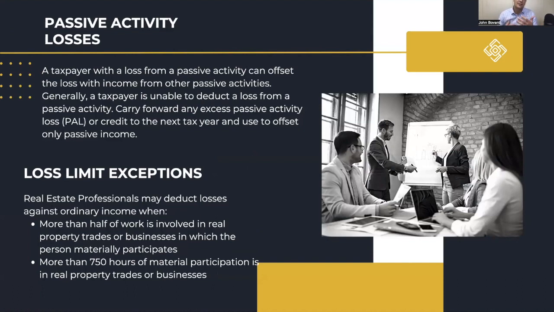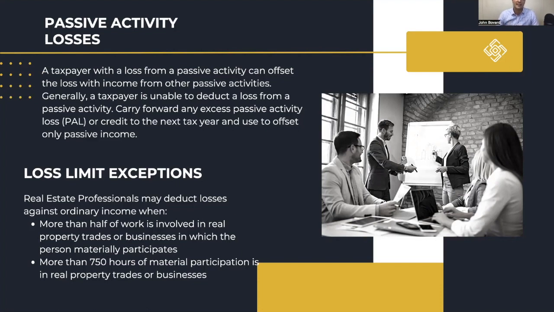So if you're an investor and these are passive activities and you are not materially participating in that business, and in order to meet material participation, that means 750 hours or more throughout the year, you have to be working in that business. So if you're not meeting that material participation limit, then your passive losses can only be deducted against passive gains.